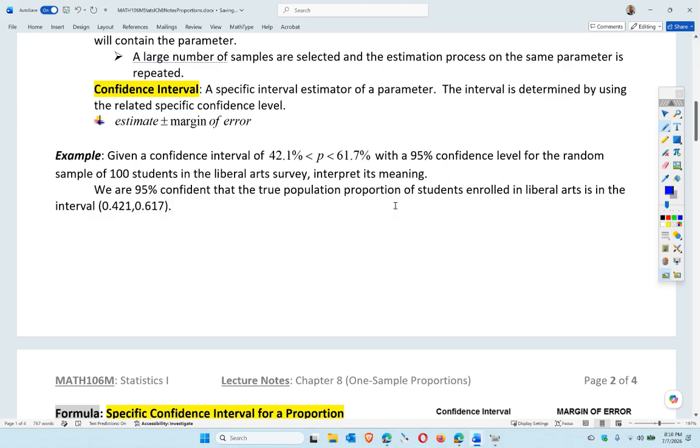Okay? All right, that's what essentially we're saying by giving that math, essentially.